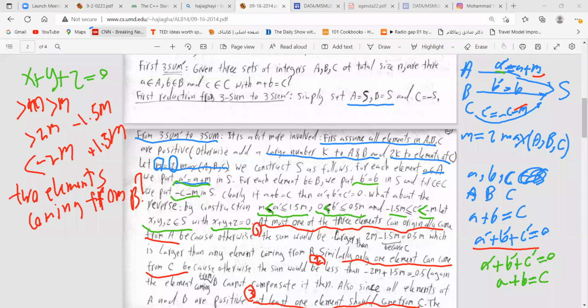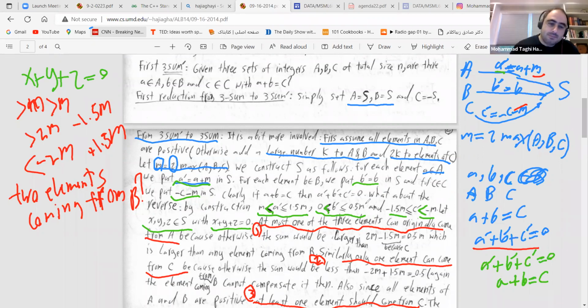Because if there is one element from C and two elements from B, the sum will still be negative. Exactly, because these elements of B are at most, if two of them are coming, we have 2 times half M, which is equal to M. However, we know that the element of C prime is less than minus M prime.